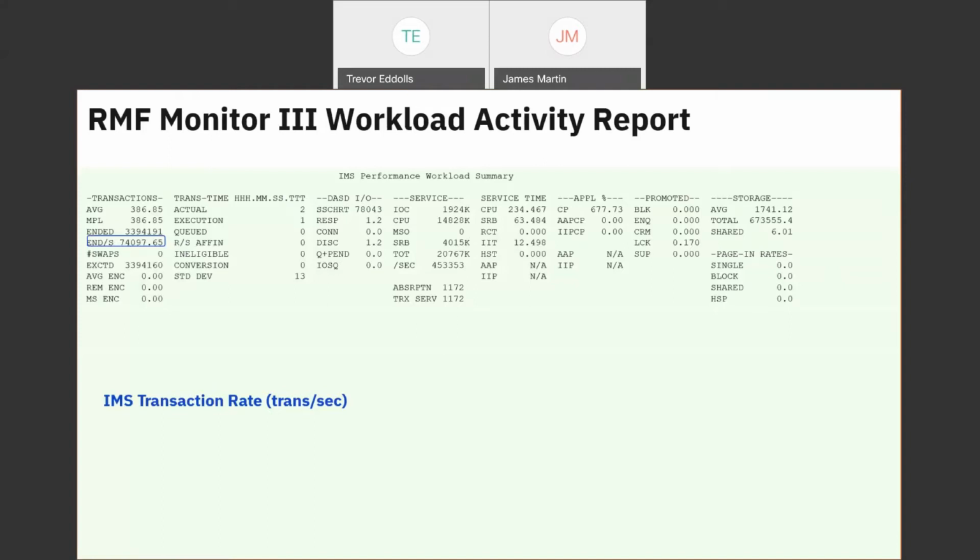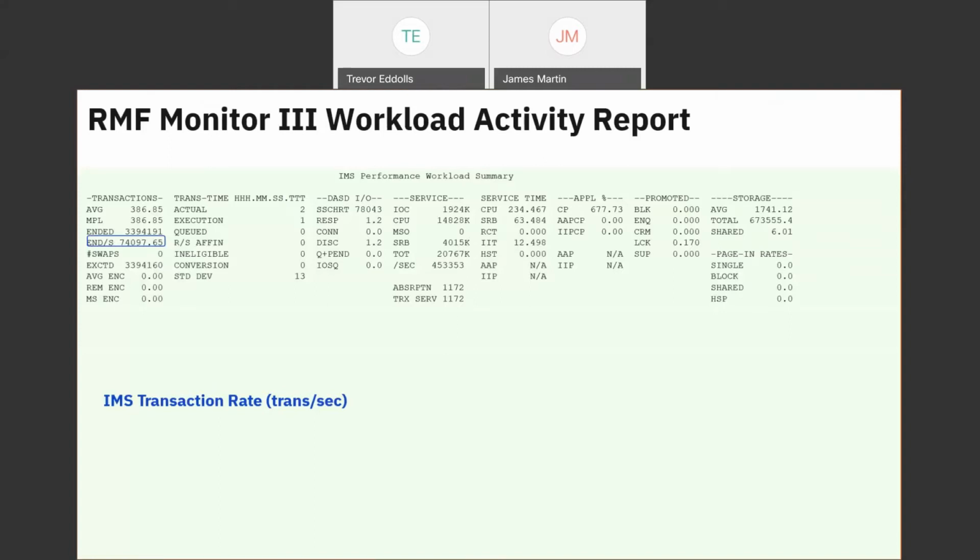And as I talk about RMF and looking at the overall Z performance, while we're not looking directly into IMS, we can see that IMS is a piece of this entire enterprise, and maybe this would give us a clue or tell us that we really need to go in and look at those transaction rates in IMS to see what part of the overall delay they are taking part in.